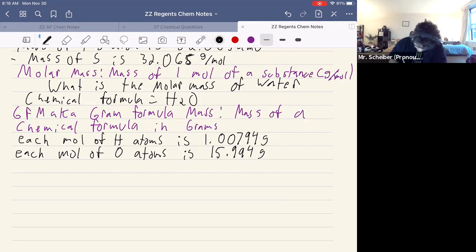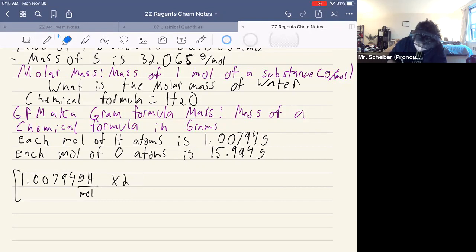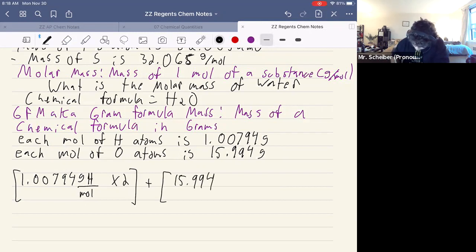So what I would do is 1.00794 grams of hydrogen per mole times 2, because there are 2 atoms, or I should say 2 moles of hydrogen per 1 mole of water, plus 15.994 grams of O per mole.